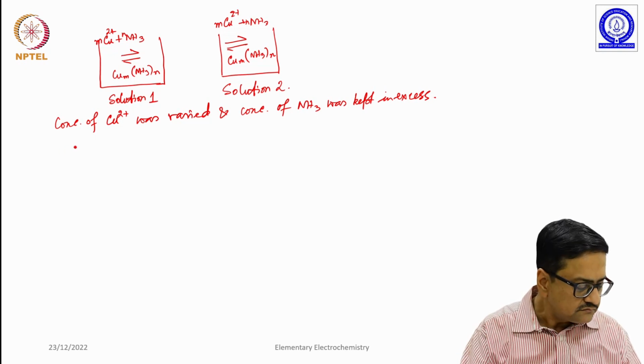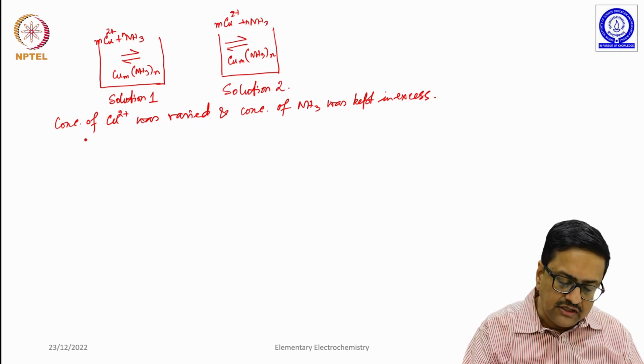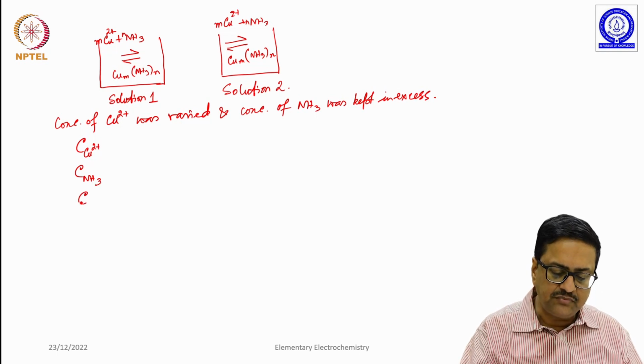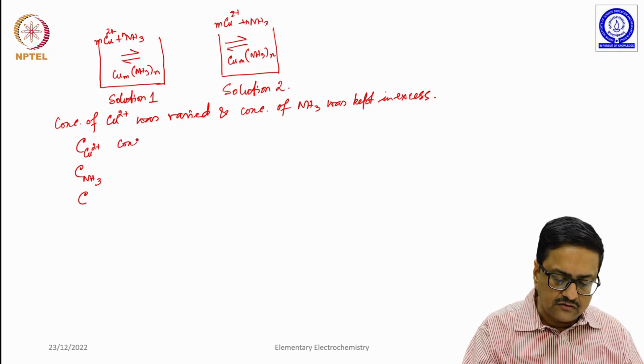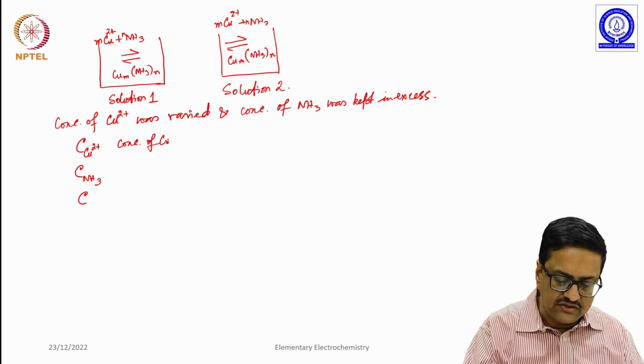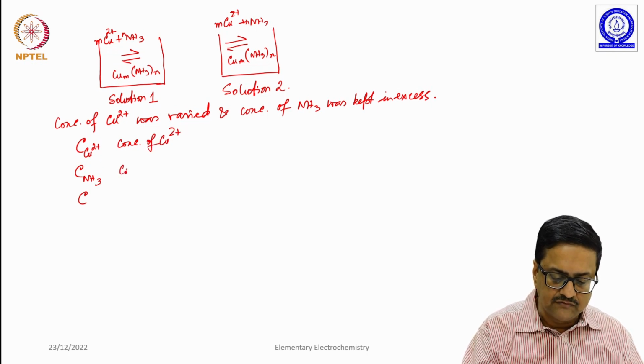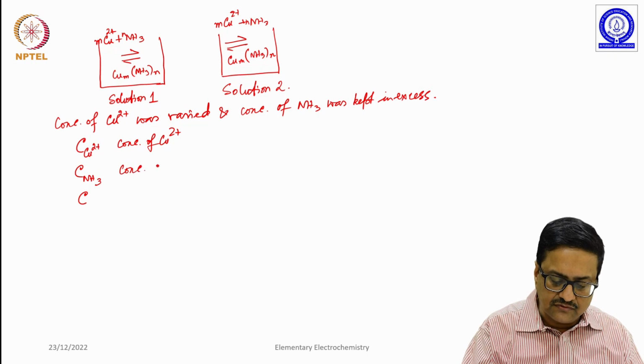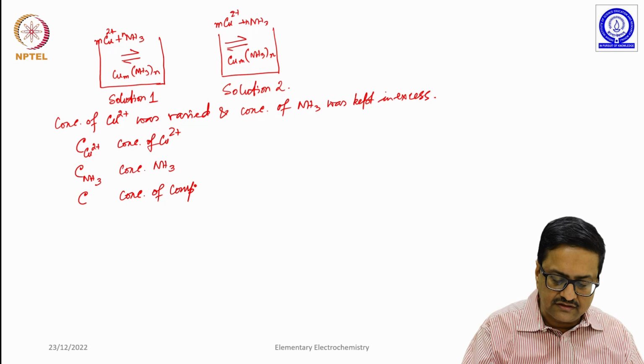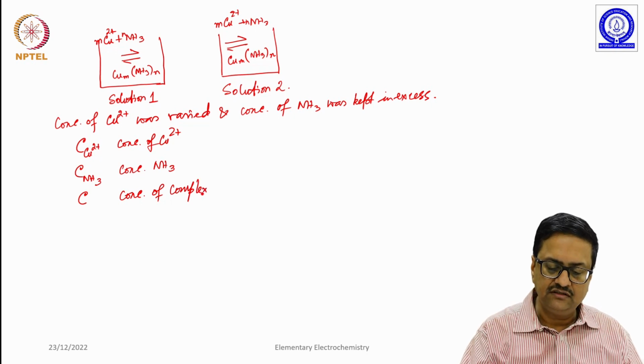So, if C Cu2 plus, C NH3 and simple C represent the concentration of Cu2 plus in solution 1, the concentration of ammonia in the first solution, and the concentration of the complex in the first solution.